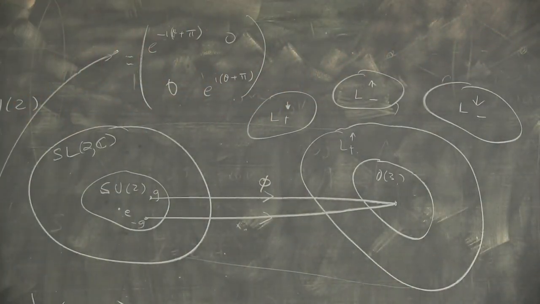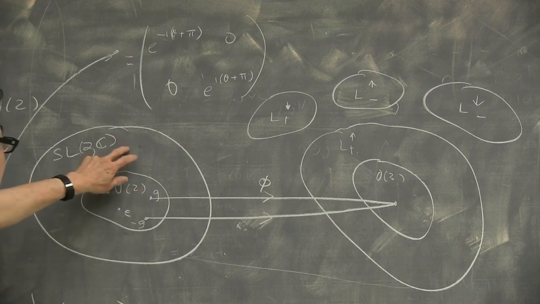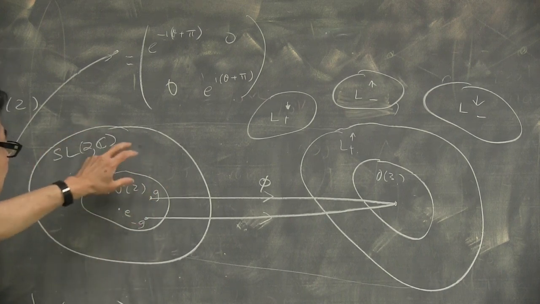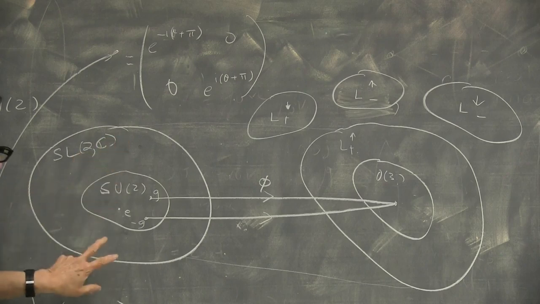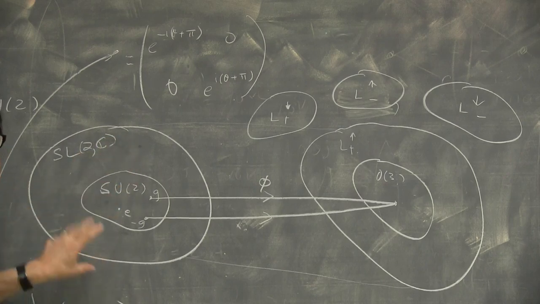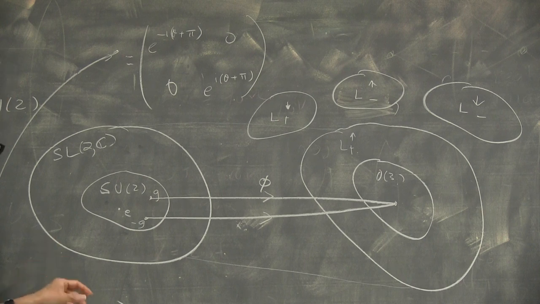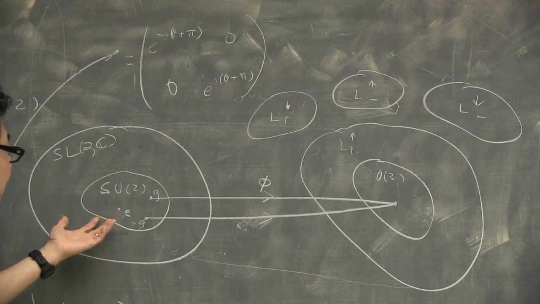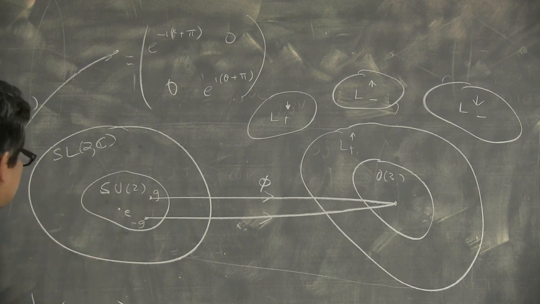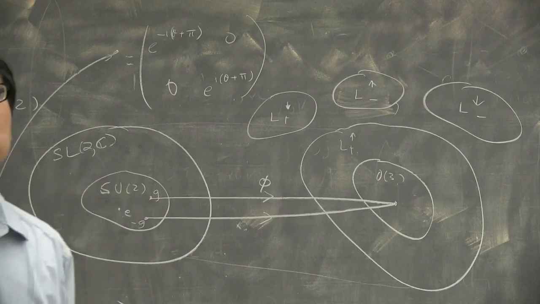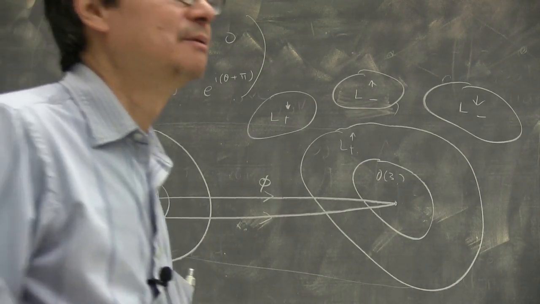Although we have shown in general that any g in SL2C gets mapped to the same thing as minus g. Because SU2 is a subgroup, and in this case, when g is like that, minus g is in SU2 also.